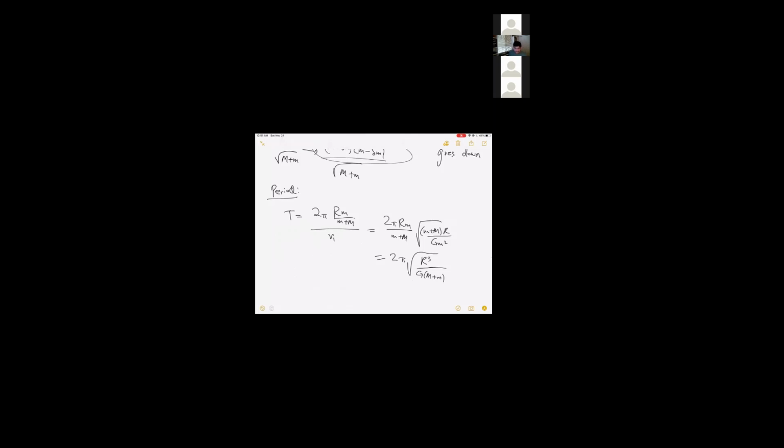Wonderful. As we see, this only depends on the sum of the masses, and that stays the same. So therefore, the answer to the problem is E.